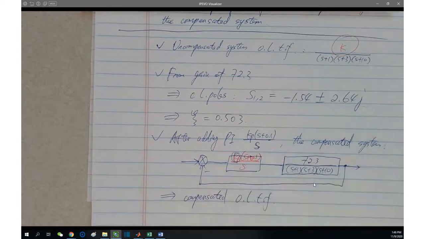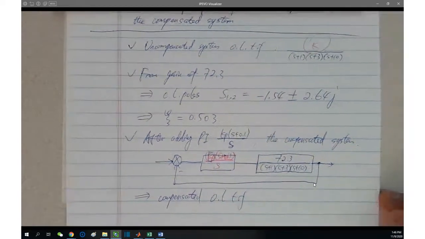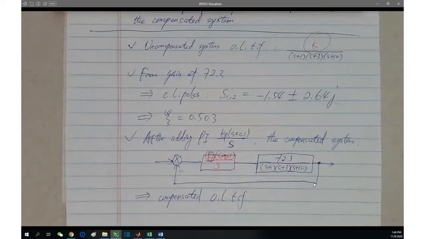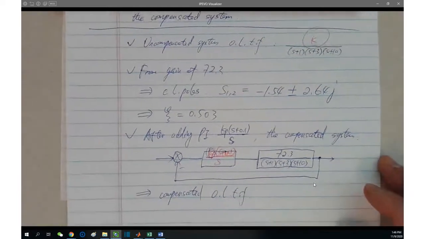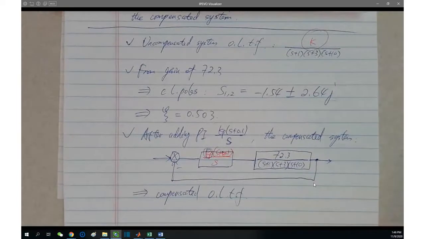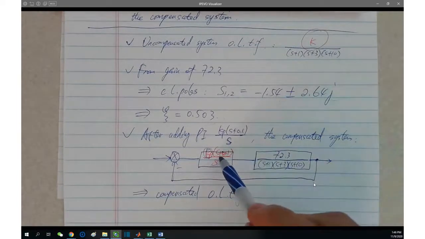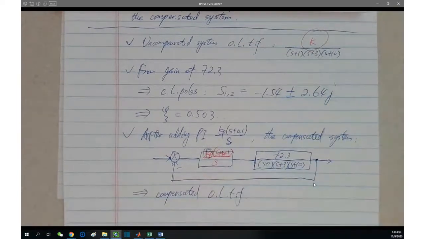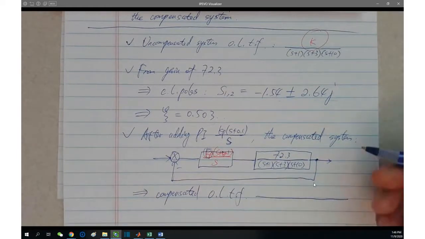And once again, we are doing everything via the root locus, so we need to find the new root locus, right? We are going to find a new root locus, and we are expecting to see something basically the same as before because of this zero, right?